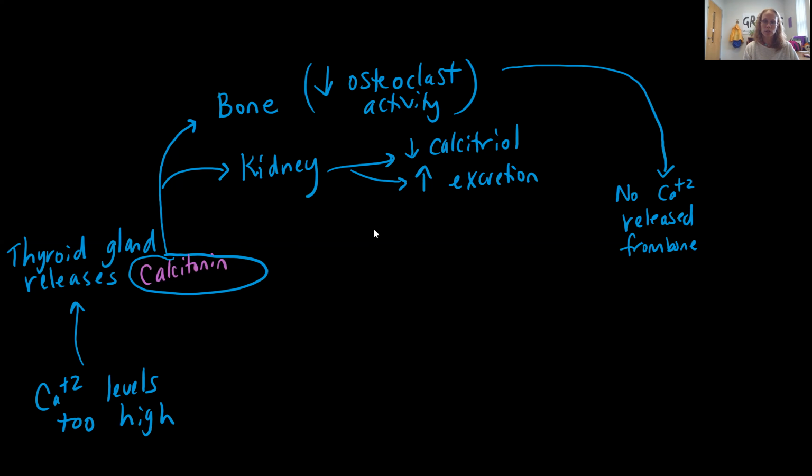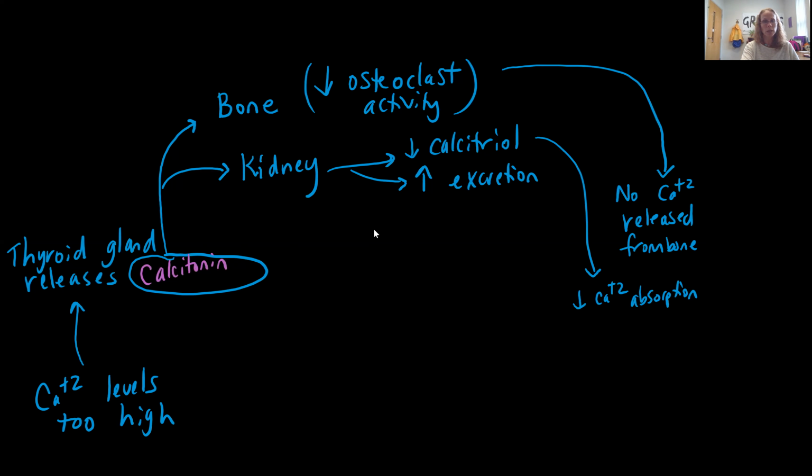If you decrease your osteoclast activity, no calcium is being released from the bone. Instead, you're just continuing osteoblast activity, building bone, so you're continuing to store calcium in the bone. Because you've decreased your amount of calcitriol, you are decreasing or stopping calcium absorption from your diet.